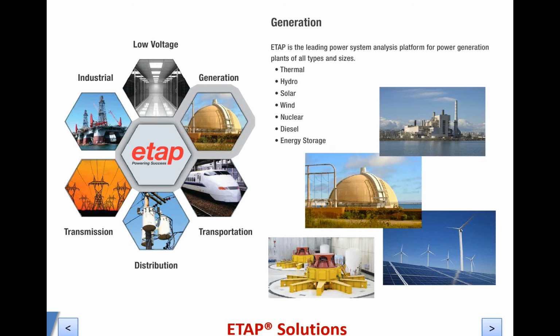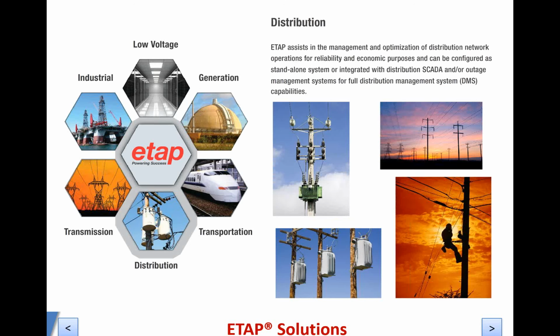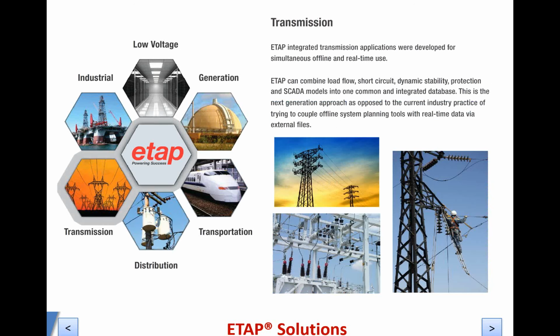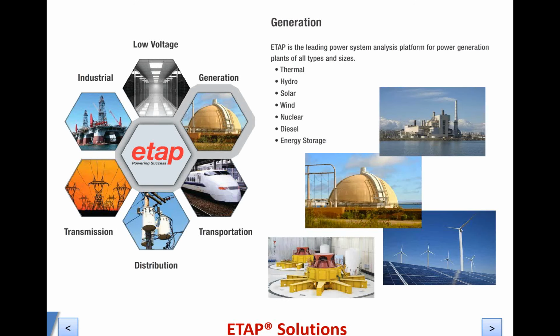Generations such as thermal, nuclear, renewables, transportation such as railways, marine vessels, FPSOs, distribution systems such as citywide distribution networks, as well as oil and gas upstream distribution, transmission networks, which is essentially high voltage, extra high voltage, and industrial systems such as manufacturing, metal and mining, oil and gas, and so on and so forth.